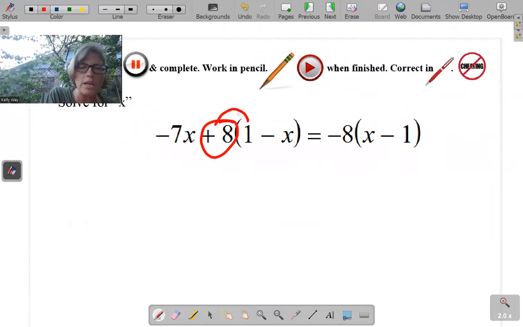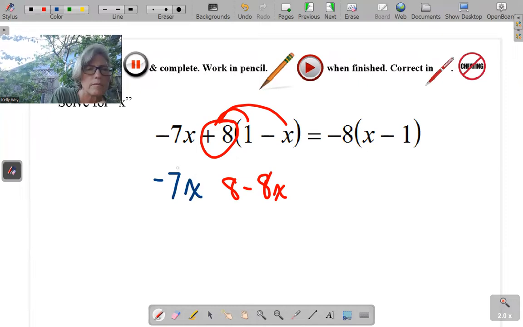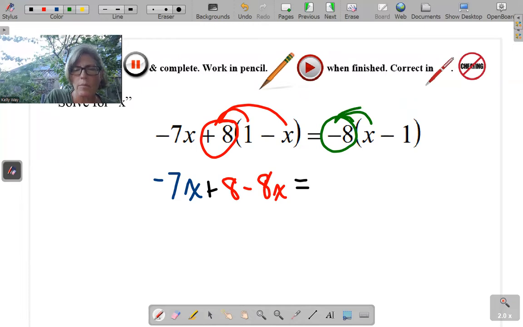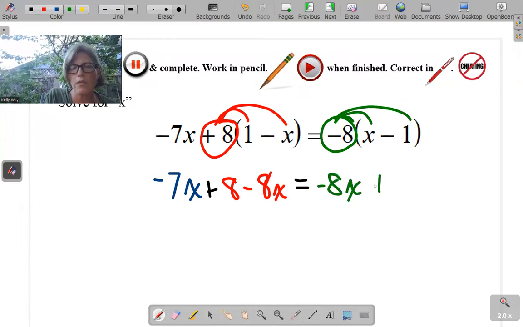You should have grabbed the 8, distribute. Grab the -8, distribute. Double negative makes a positive.